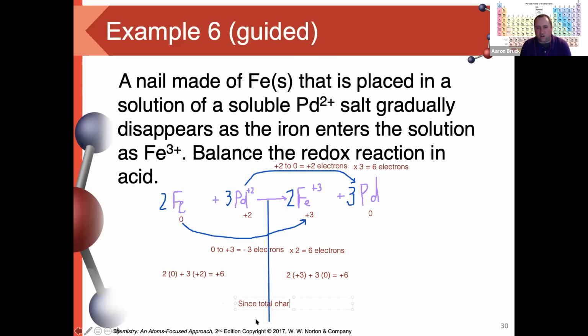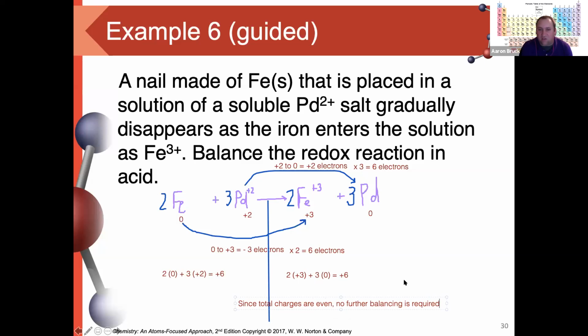Since the total charges are even, no further balancing is required. So we didn't even need to do the last couple of steps where we had to deal with hydrogen and oxygen. There is no hydrogen and oxygen in the equation currently.